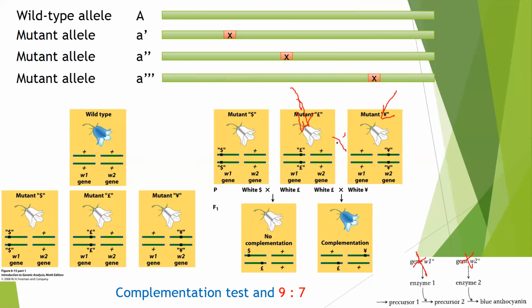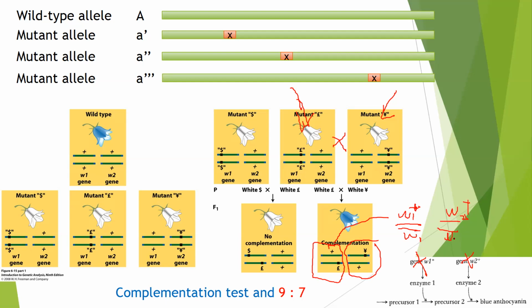However, if we cross the two, right? Now the progeny from here is heterozygous in one gene and heterozygous in two genes. So in here we have W1 plus in the first gene. This is mutant. But for the second gene, we have W2 plus as well, right?